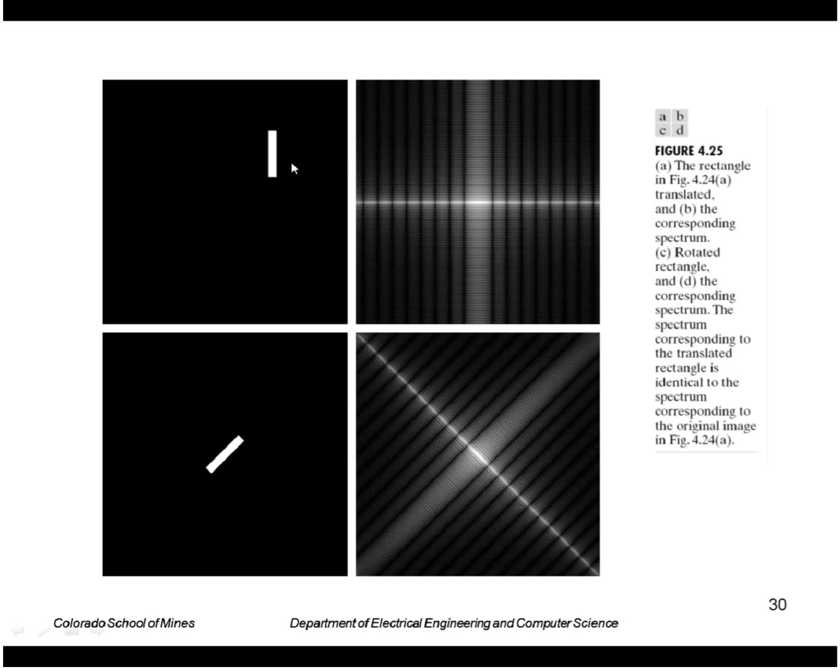This shows the effect of translating the function. We get essentially the same thing, except, recall that the effect of translation was to multiply the transform values at each point by e to the minus j something.